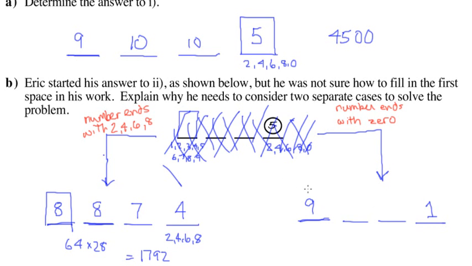Either way, it makes things easier to figure out. For this space, I've got all 10 digits to work with, but I can't use 0 and I can't use whatever is here. So that leaves me with 8 choices. And for this middle spot, I can use any of the digits, but I can't use the 3 that have already been placed, so that leaves me with 7 choices. 9 times 8 is 72, times 7 is 508. No, sorry. 72 times 7 is 490 plus 14, 504.